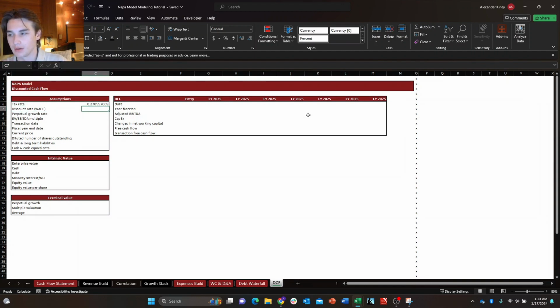Discount rate is interesting. So discount rate is also known as our WACC, our weighted average cost of capital, which derives from, there's many different ways to go about it, but our cost of equity and our cost of debt, and you multiply the cost of equity by the percentage of equity, and the cost of debt by the percentage of debt, and this gives us our weighted average cost of capital, which takes into account what we're paying for our debt, equity, and how much risk we're taking on for this name in itself above the overall market.